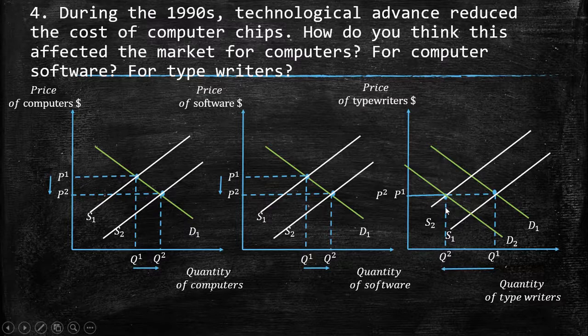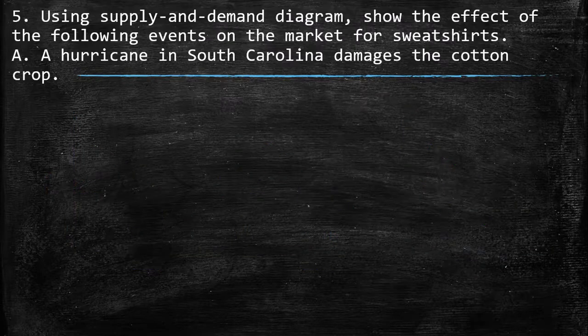But it depends on the change of demand and supply whether the price is higher, lower, or the same. So in this case, maybe I can think just about the demand, and it's going to be a decrease in price and a decrease in quantities. It's up to you, but I think it's more the movement in demand.